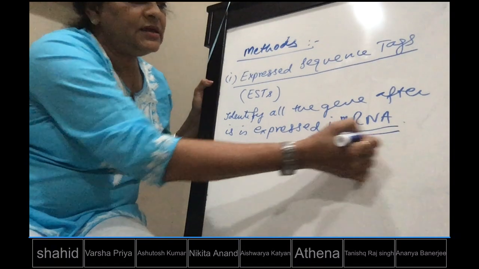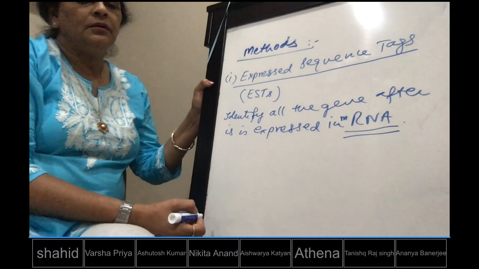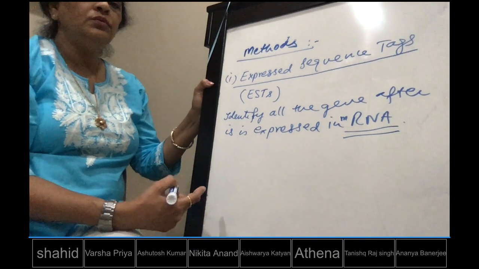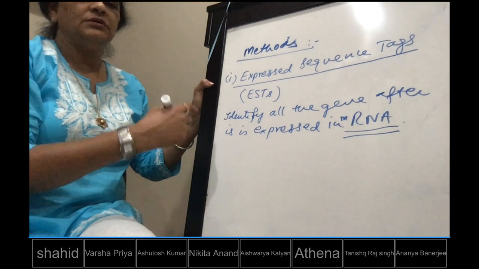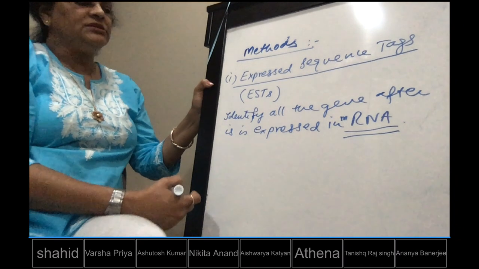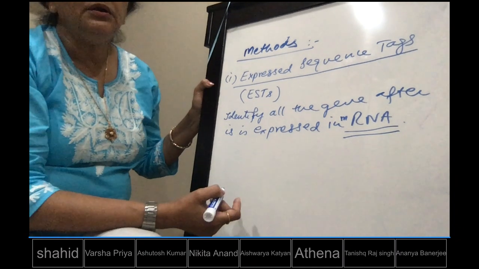So by studying the mRNA, we can find out what the genes on the DNA are. This is the meaning. To identify all the genes as they are expressed on mRNA.